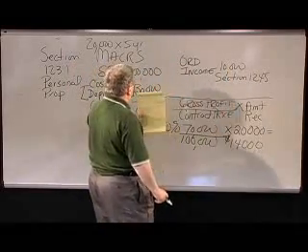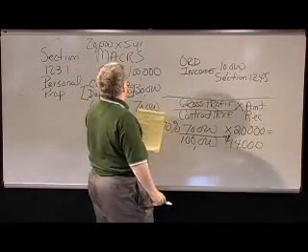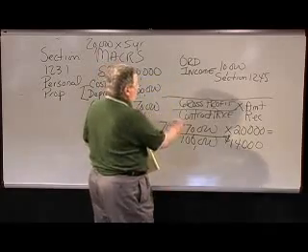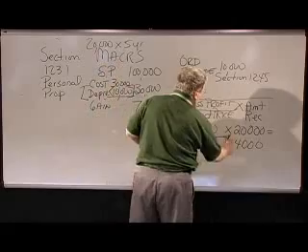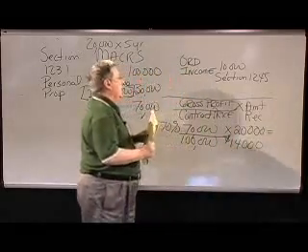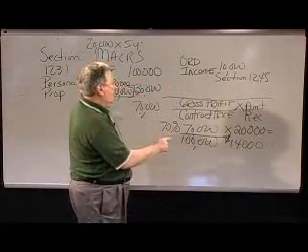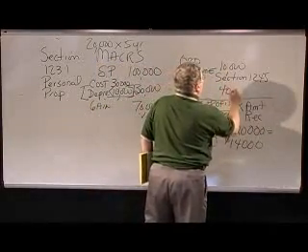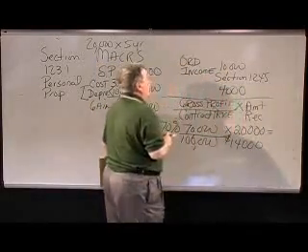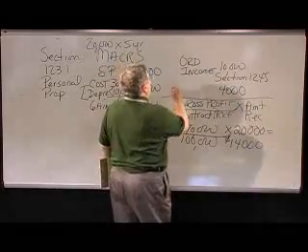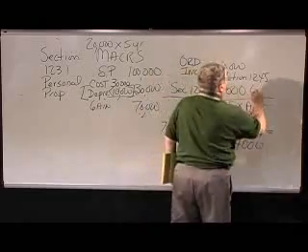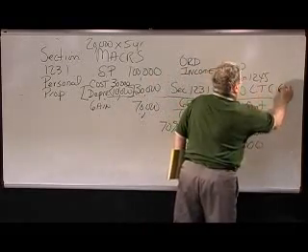And then we increased our basis from 20 to 30, and then we calculated the actual recognized gain for the year. Our recognized gain is $14,000, which means that we have another $4,000 of gain to account for. And that would be Section 1231, which would be a long-term capital gain.